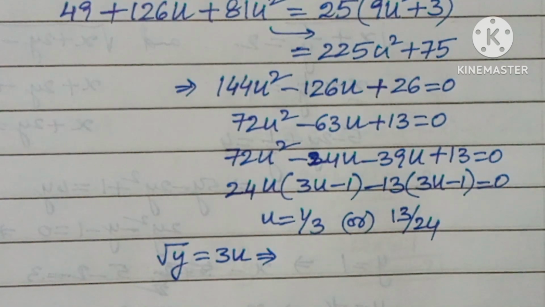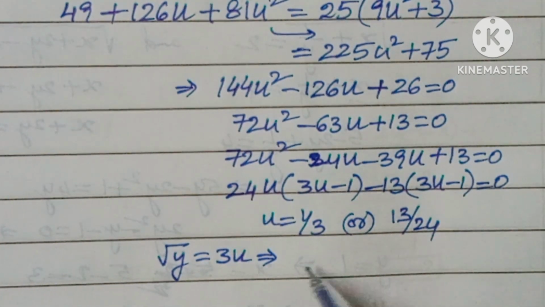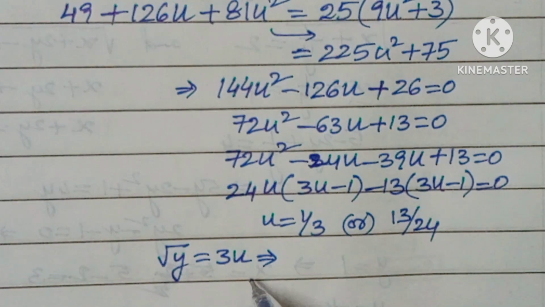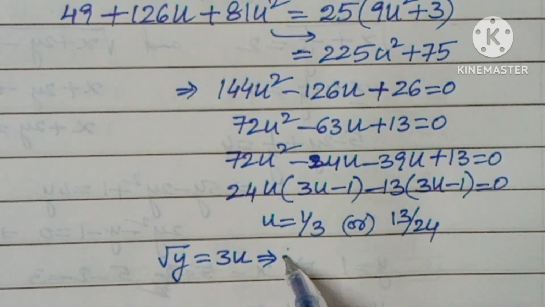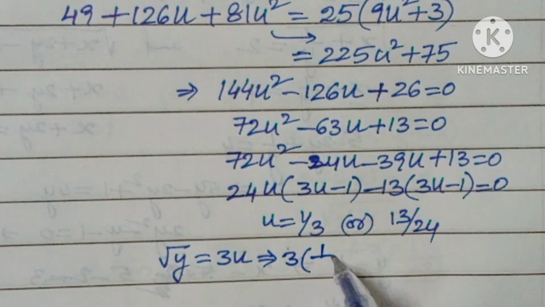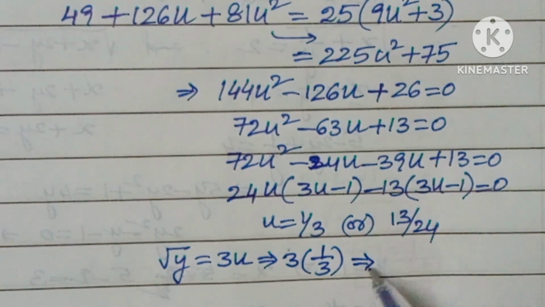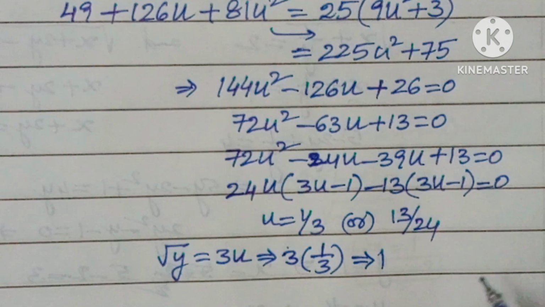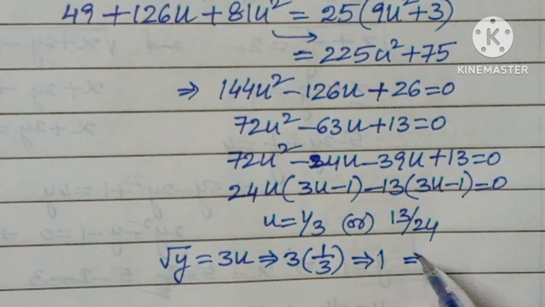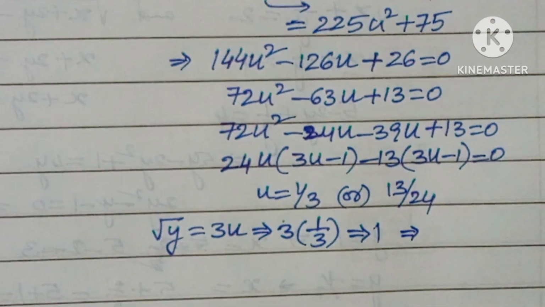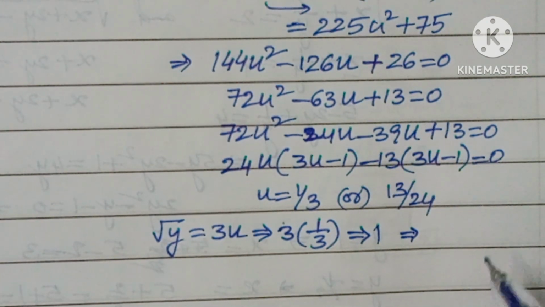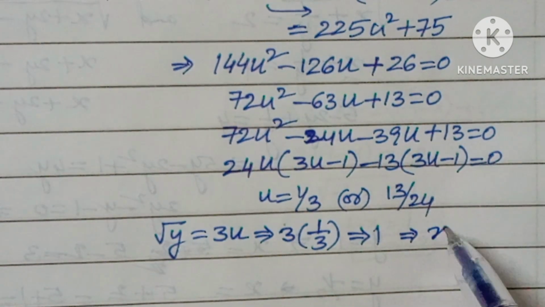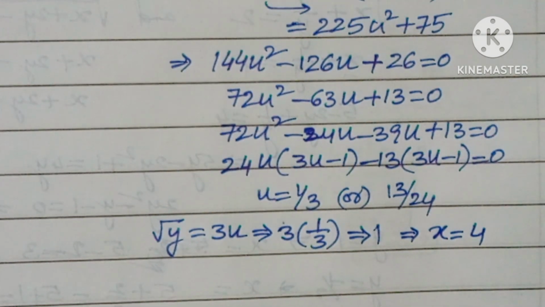You will get the u value 1 by 3, and 3 into 1 by 3 gives 1. The y value is 1. If you replace the y value here, x will be 4.